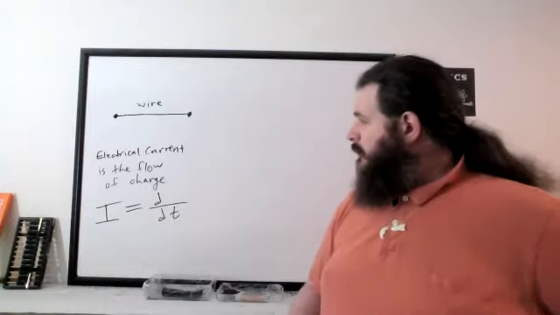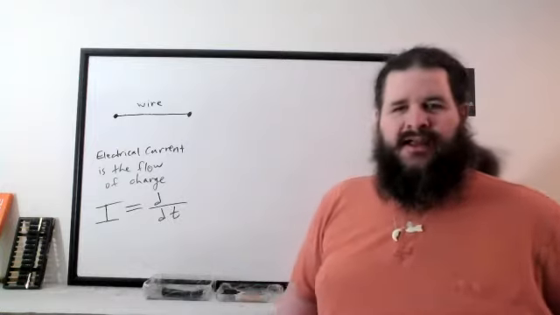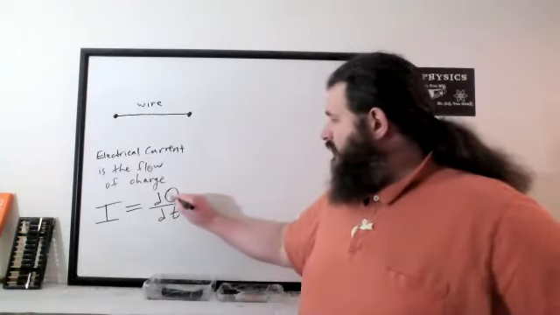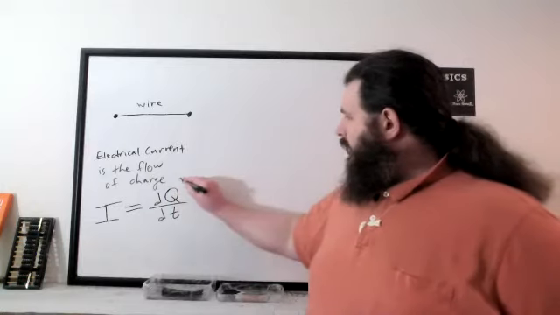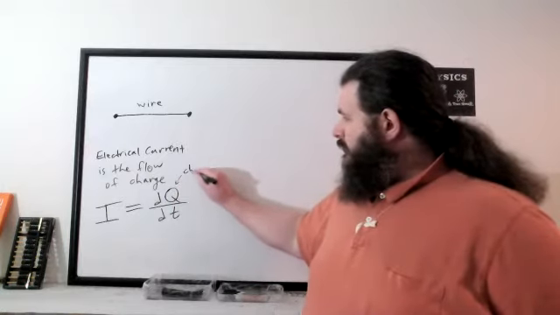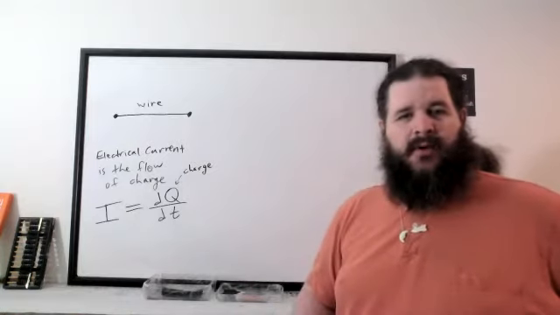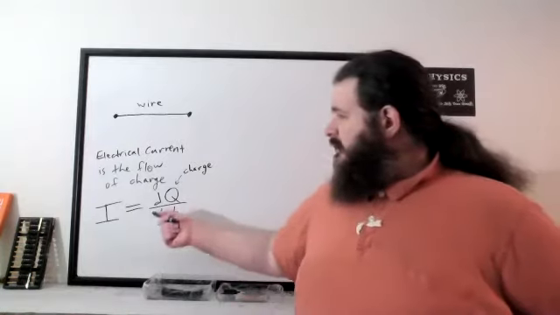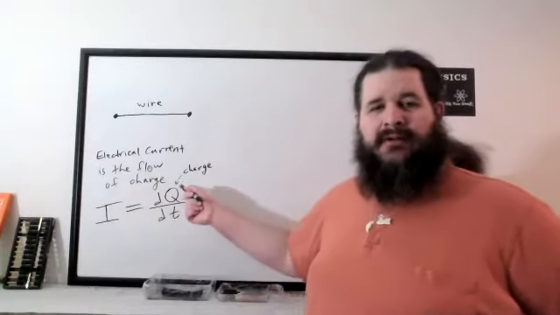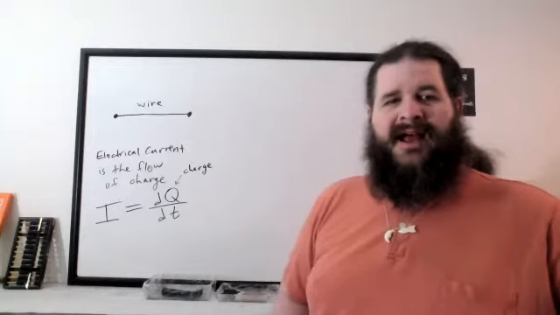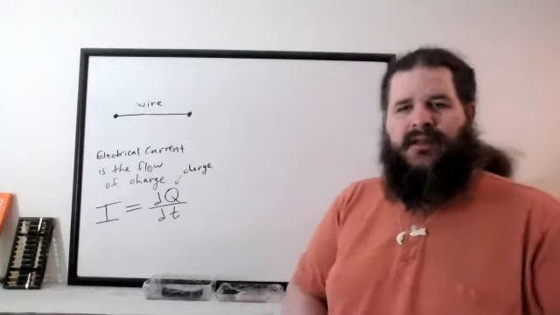For electrical flow, we don't want to care about how many cubic centimeters of electrons or something. So we just say change in charge over change in time. And that's the symbol we're generally going to use for charge. Sometimes capital Q, sometimes lowercase q. I've seen both. But this is how we define current. Electrical current is how much charge divided by how much time, in the sense of how much charge moves past this point on the wire per second.